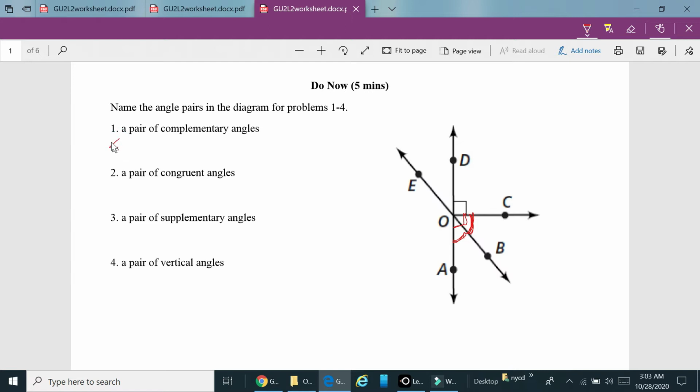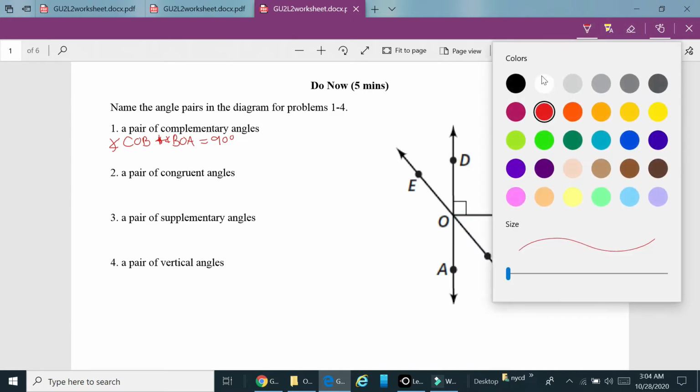So angle COB plus BOA equals, what angle here? Equals 90 degrees. Okay. That's the only one that I see so far there. Because these could be a bit tricky, especially when the picture gets more abstract.